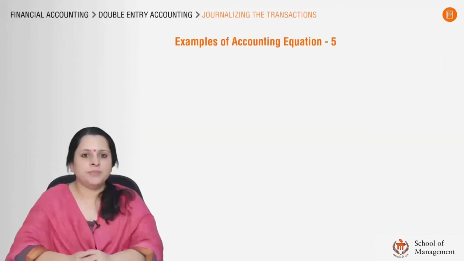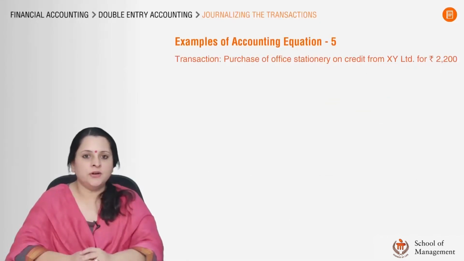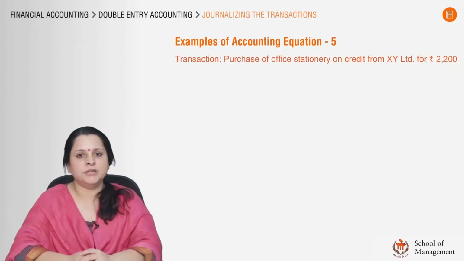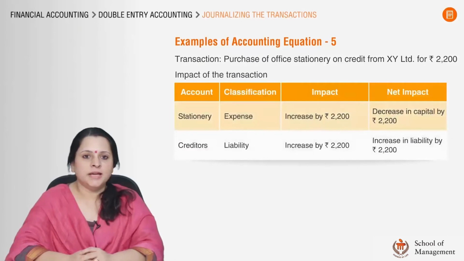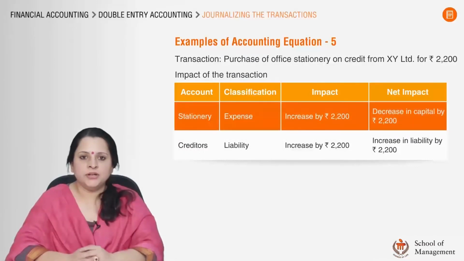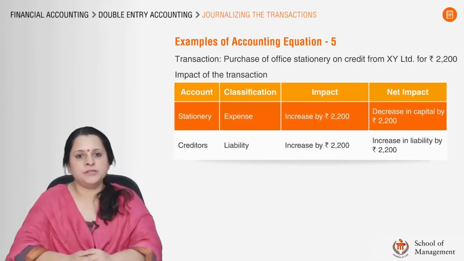The last example is purchase of stationery on credit from XY Limited to the tune of Rs 2200. In this case, increase in stationery cost will lead to reduced profits, resulting in reduction in capital by Rs 2200.